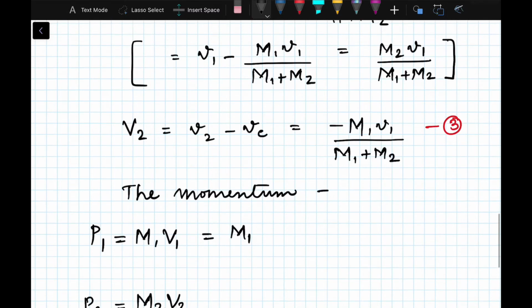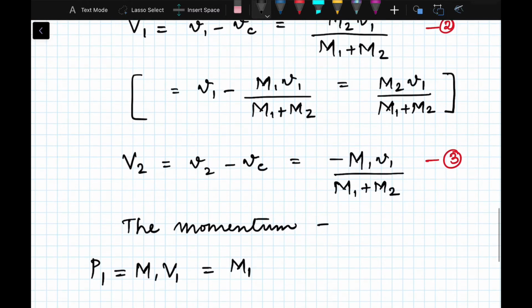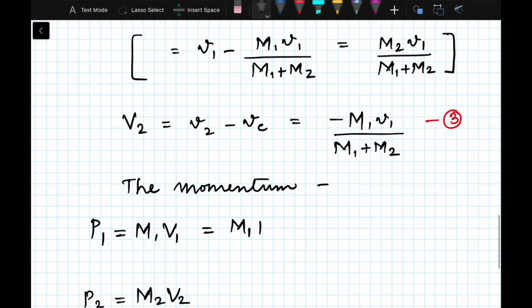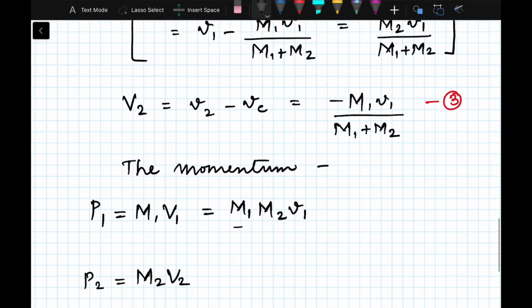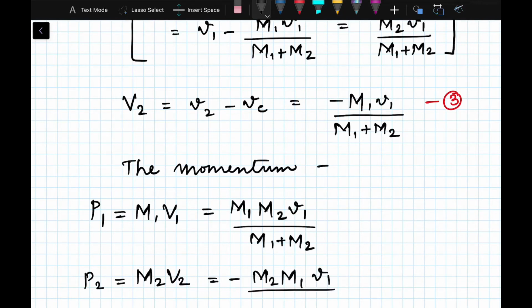Let us put the value of v1 and v2 from equations 2 and 3, which we will get as m1 m2 v1 over m1 plus m2, and when we write it here we get negative of m2 m1 v1 over m1 plus m2.